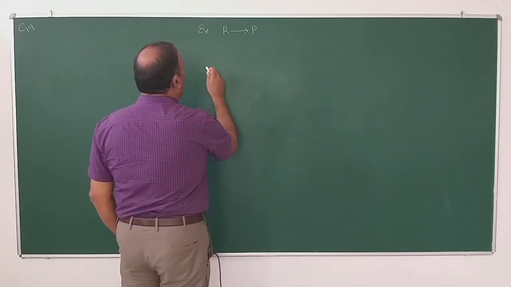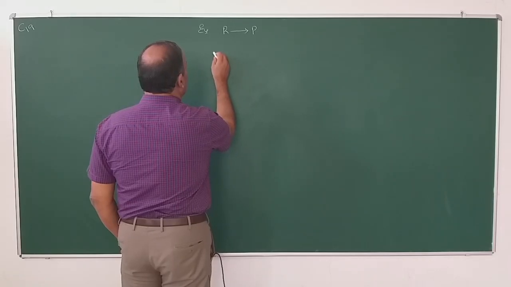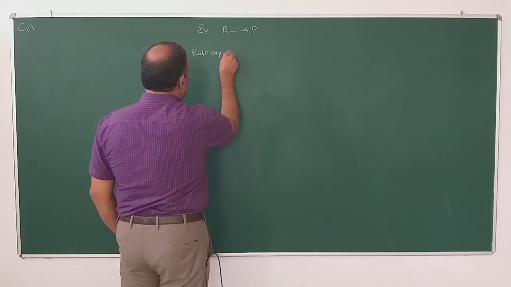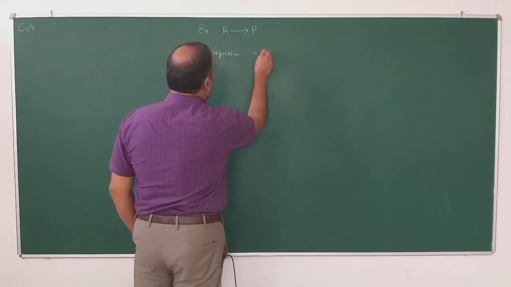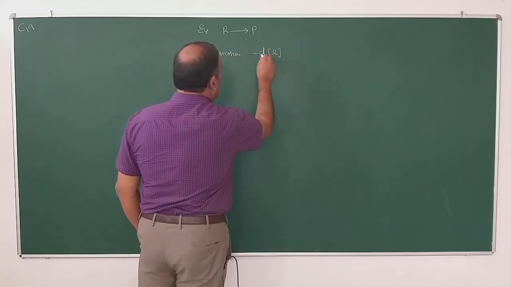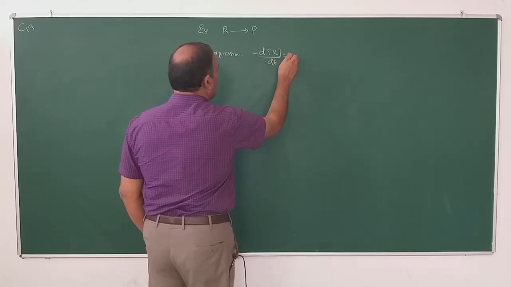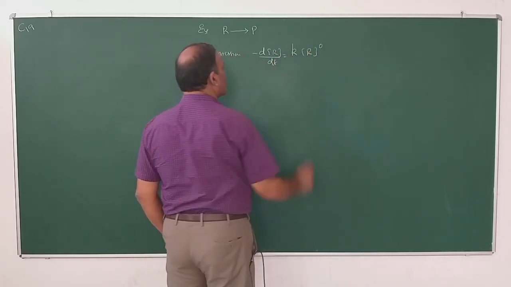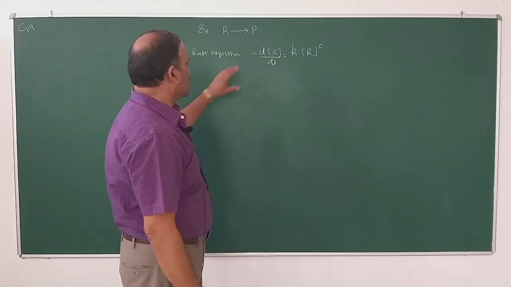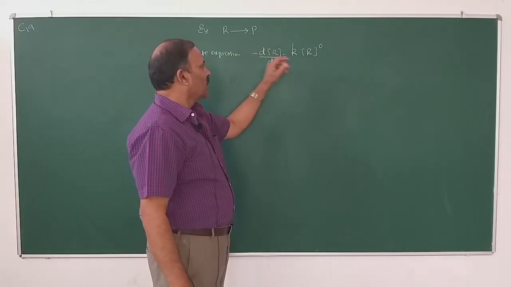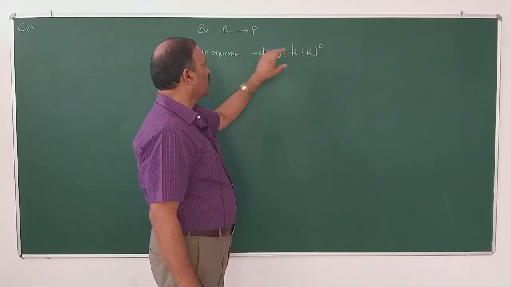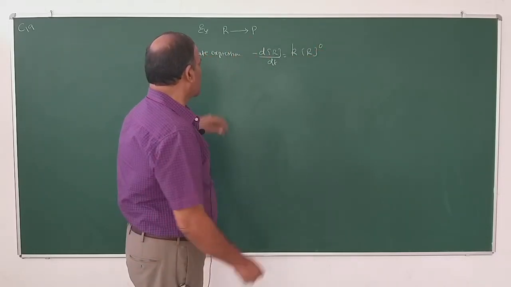Then what is the rate expression for this reaction? Rate expression: minus dR divided by dt equals K into concentration of R to the power of 0. So if the rate of reaction is directly proportional to the 0th power of concentration of reactant, it is called a zero order reaction.